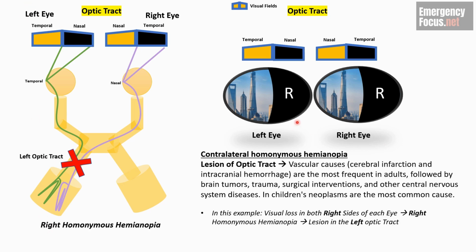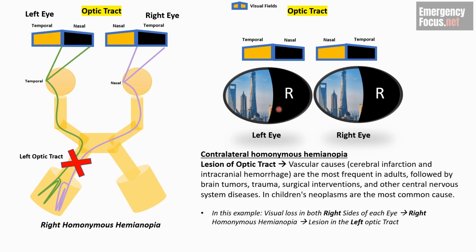Right, so what is happening here? I am going to describe the blindness. What is happening here? I have right, because it's the right side of both visual fields of both eyes that is impaired. Do we agree? We can see an R and R. So that's called right. Great. What's next? Is it the same side of both eyes?